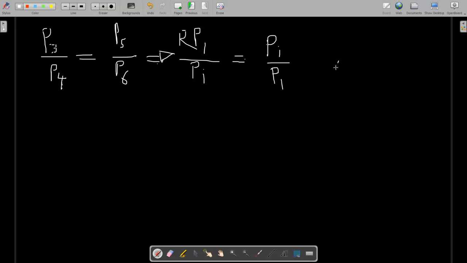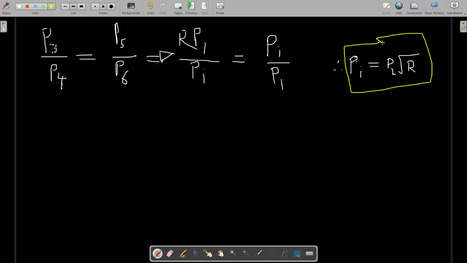When you solve this, you will get the intermediate pressure PI equal to P1 under root R. Mark this in a yellow box, because this will help in our final result.